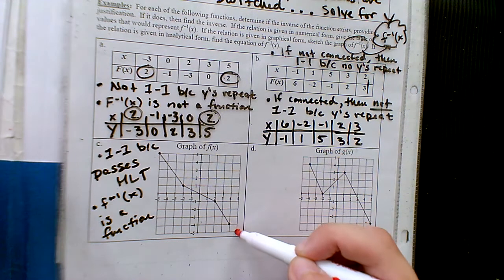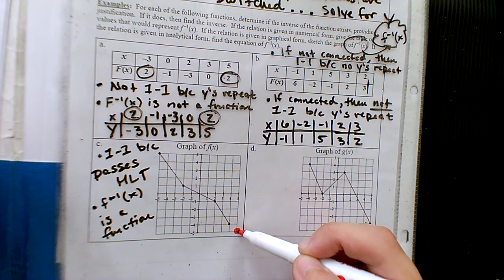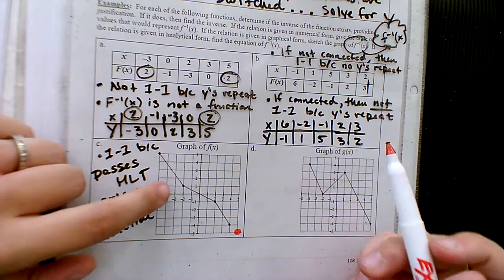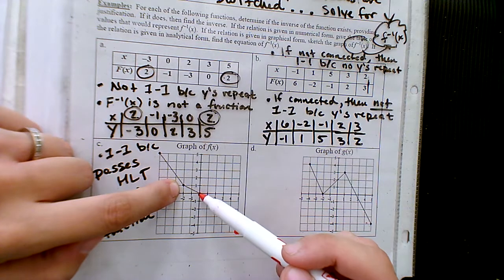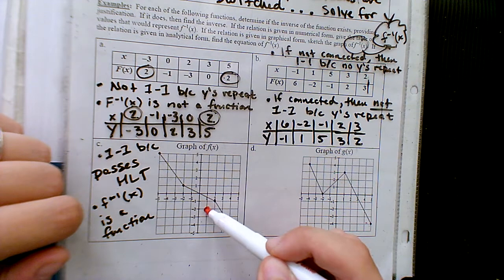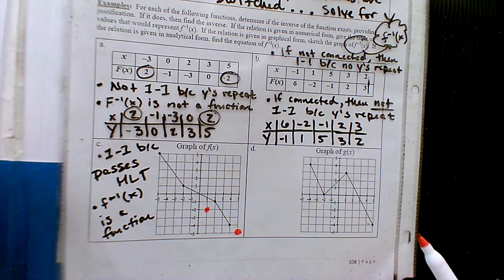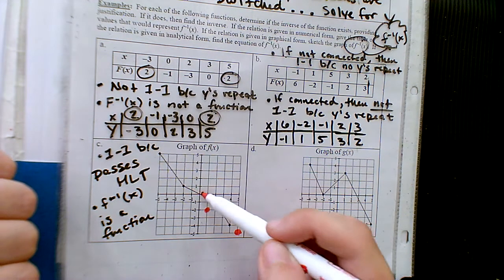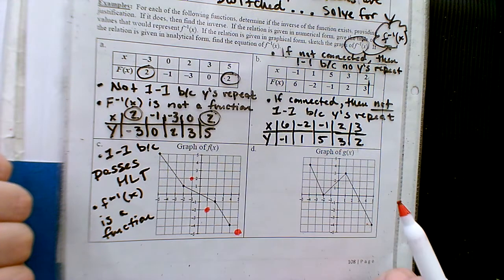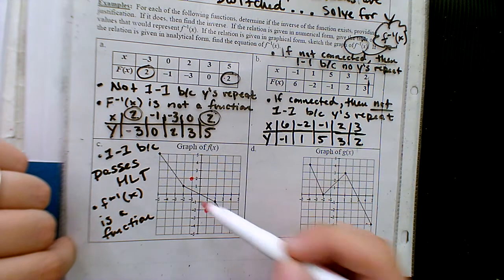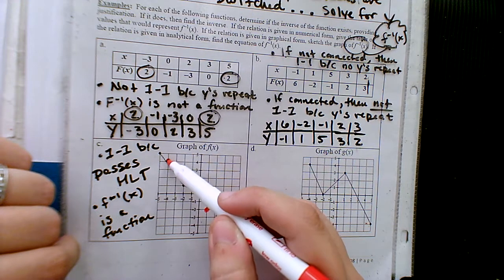So the inverse point would land down here. The next point, instead of (-2, 1), we'd have (1, -2). The next point, instead of (2, -1), we'll have (-1, 2). And the last point, instead of (4, -4), we'll have (-4, 4).